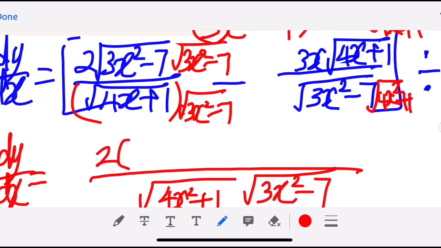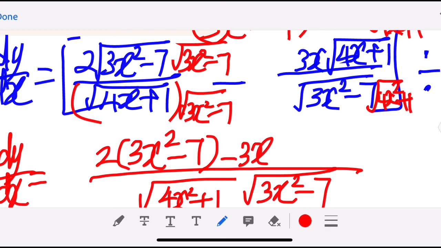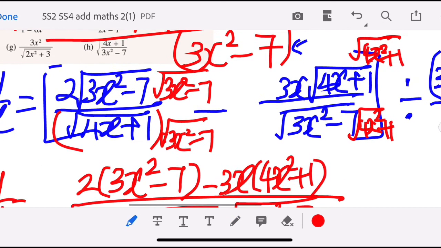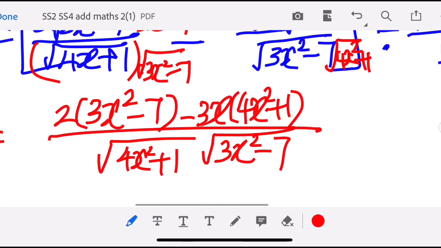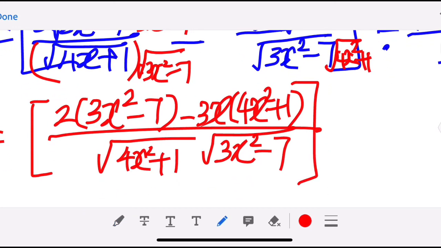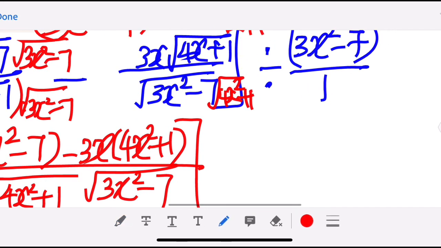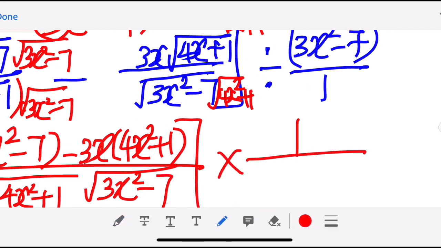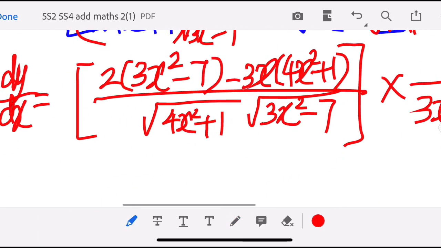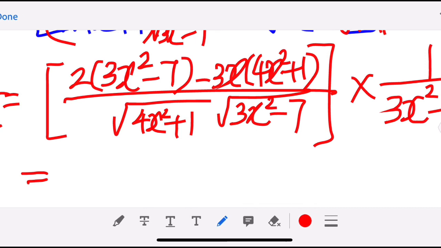We can just write it once because the square root times the square root gives us the product inside one root. Now it looks a little bit simpler. Because you divide, you have to invert, so it becomes times 3x squared minus 7. Got it? Now we focus on the numerator.